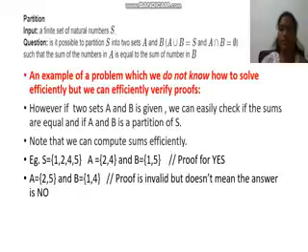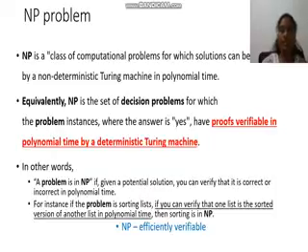So here our intention is, when a solution is given, we can verify whether that solution is true or not, whether it is right or not, in polynomial time. That is what is called the NP problem. So we can read it again: a problem is in NP if, given a potential solution, we can verify that it is correct or incorrect in polynomial time. This is called the NP problem.